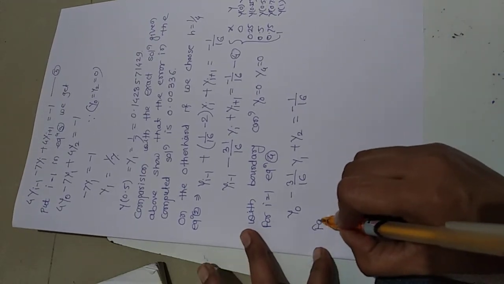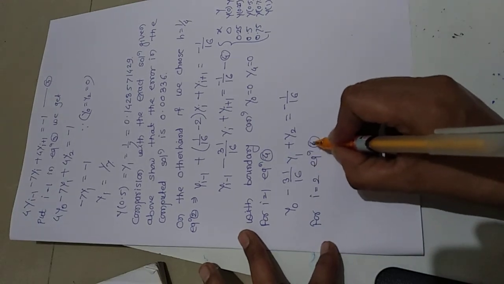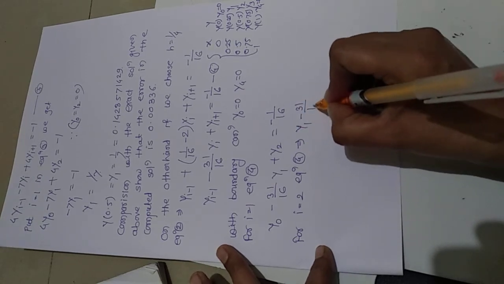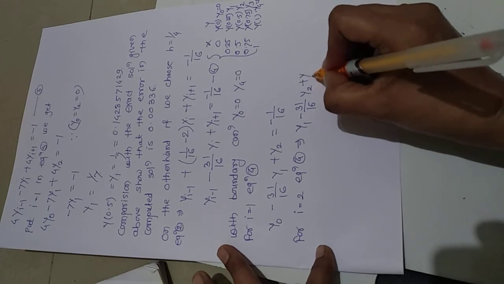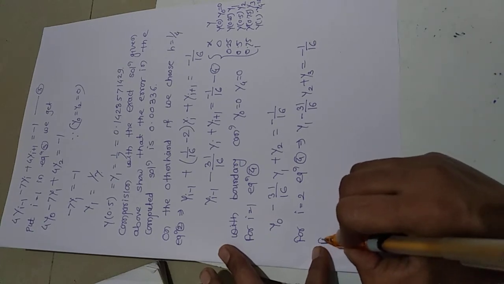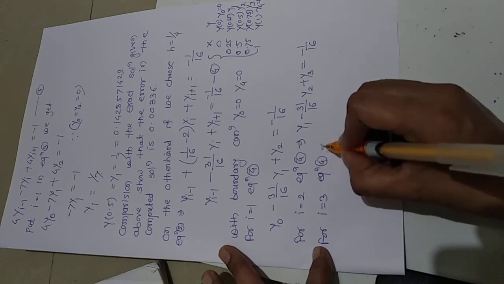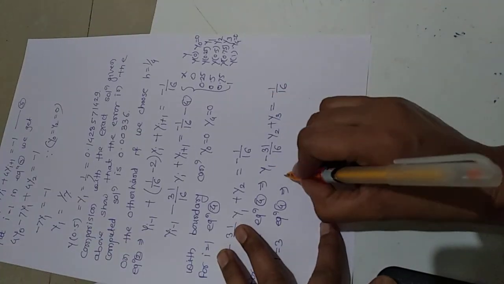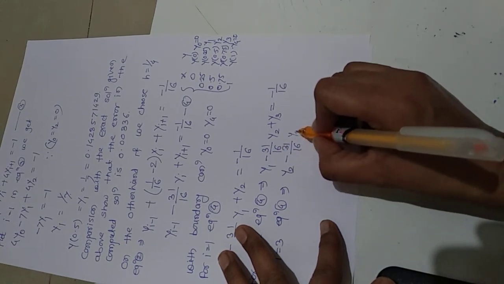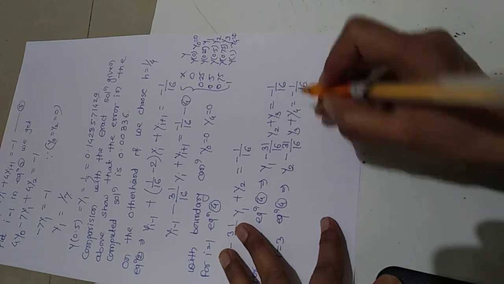For I is equal to 2, equation 4 implies y1 minus 31 by 16 y2 plus y3 is equal to minus 1 by 16. And for I is equal to 3, in equation 4 we get y2 minus 31 by 16 y3 plus y4 is equal to minus 1 by 16.